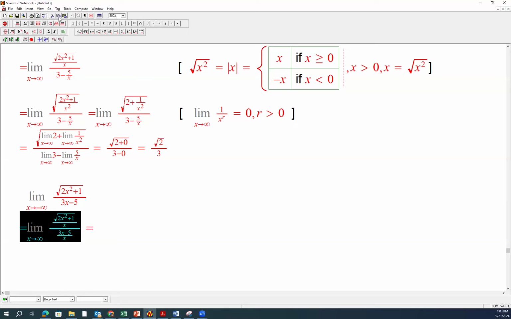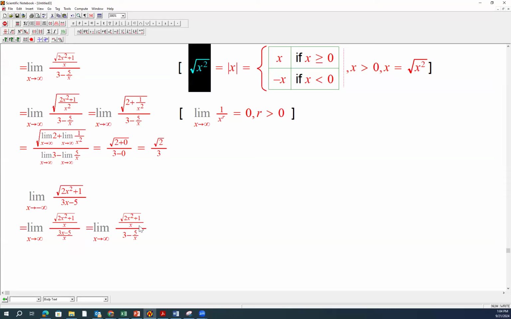On the denominator part it is also the same. The only difference is that when we divide by x on the numerator, we want to substitute x by square root of x squared, so that we can put that square root for the numerator and denominator together, doing something we've done before.